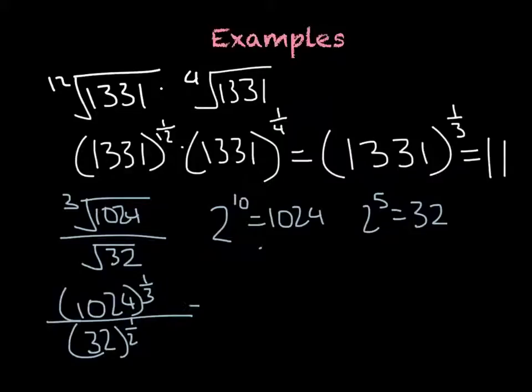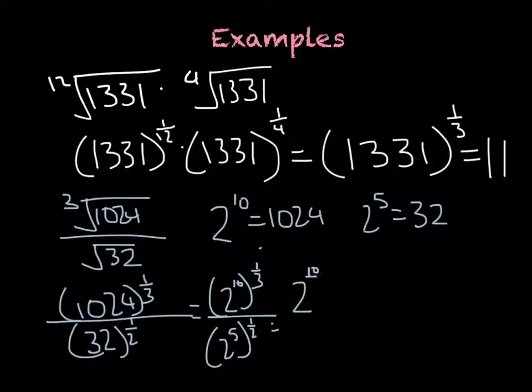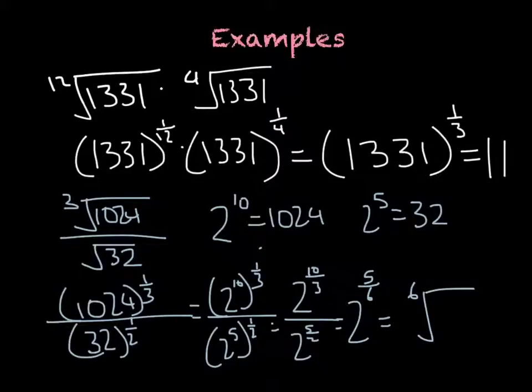So that's 2 to the 10th to the 1/3 over 2 to the 5th to the 1/2, or 2 to the 10/3 over 2 to the 5/2. We can subtract our exponents, and that gives us 2 to the 5/6. 2 to the 5th is equal to 32, and we are taking that to the power of 1/6, so that's just the 6th root of 32.